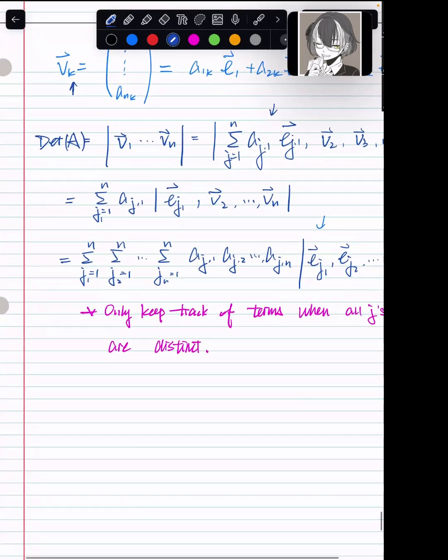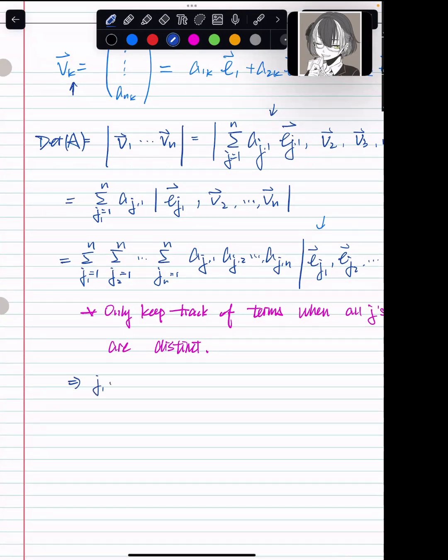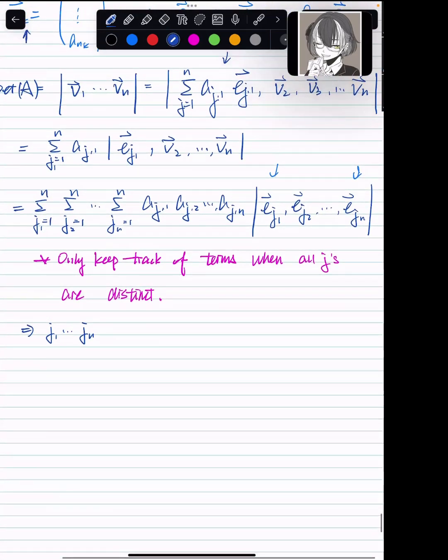So we know that j1 through jn should include all numbers from 1 to n.